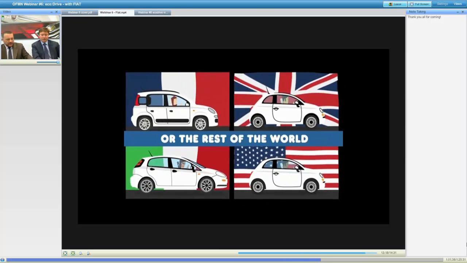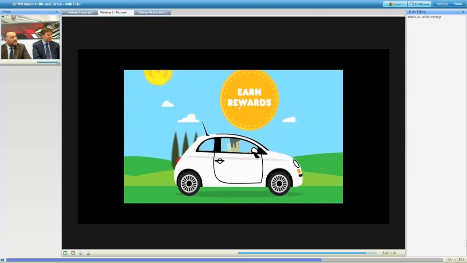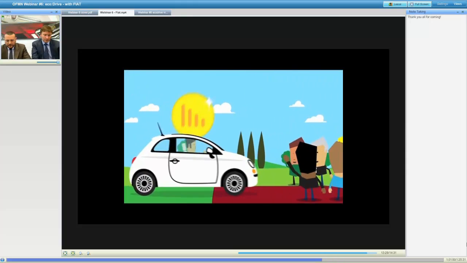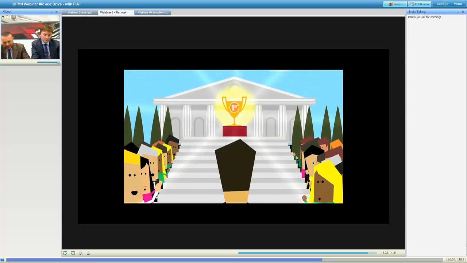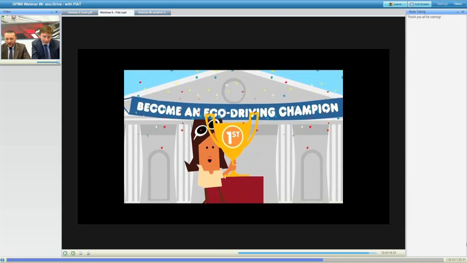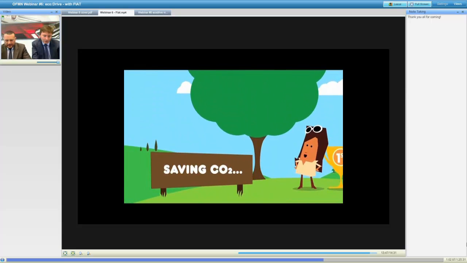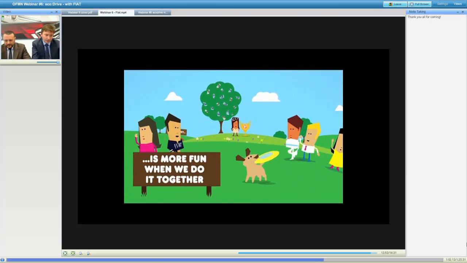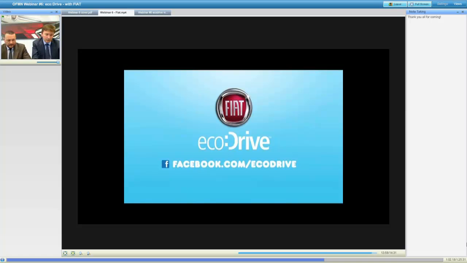Or take on the rest of the world for international glory. The more efficiently you drive, the more EcoDrive rewards you with awards and recognition. Top the leaderboard and you could become an eco-driving champion and even enter the EcoDrive Hall of Fame. An honour reserved only for the very best eco-drivers. Sorry, Franco. Saving CO2 and money is more fun when we do it together. Join in now with EcoDrive. Find us on the EcoDrive Facebook page.